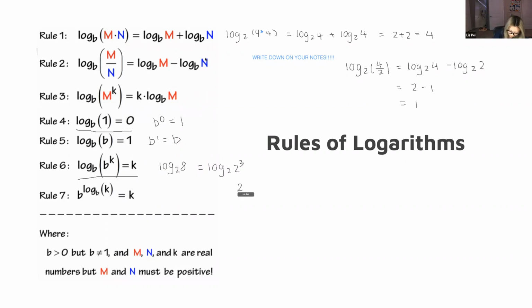And from here, you will see here's b, here's b. So you will know that this answer will be 3. It's right here. So it's just a simple way for you to figure it out. And the same thing applies for everything else. It's just a rule that you have to remember.